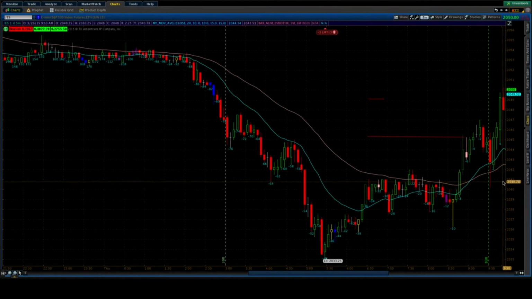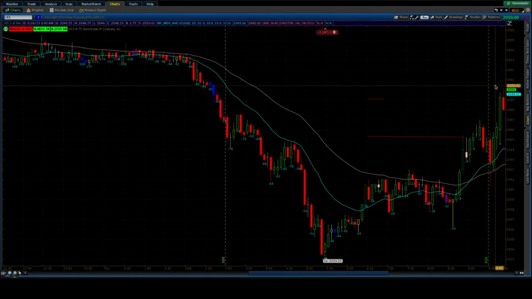If you understand that play, that's a very nice play to master, because if you do this right, once the market opens and you fade it properly, you've made all your money for the day within 10 to 15 minutes. And then, my friend, if you can do that, you have absolutely no reason to stay in front of the computer.